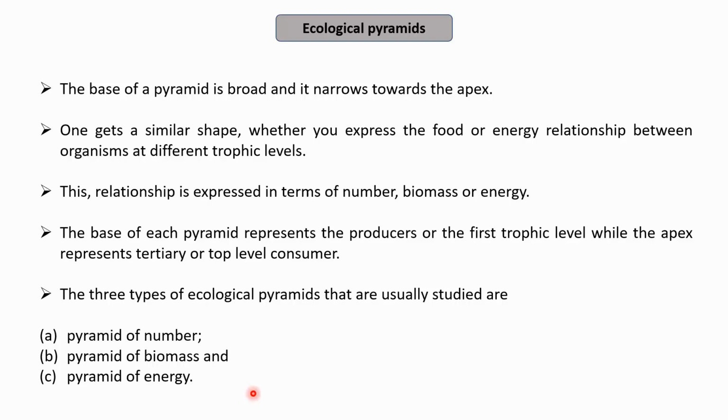So the pyramid of number is a representation of the number of organisms present at each trophic level, while the pyramid of biomass expresses the biomass of organisms at any given trophic level, and the pyramid of energy represents the amount of energy present in a particular trophic level.